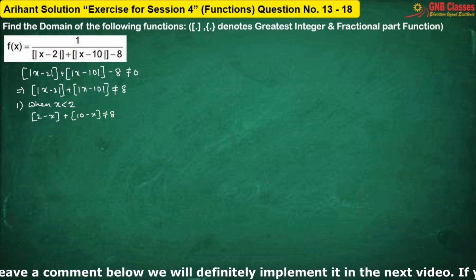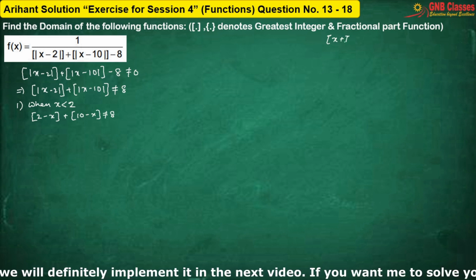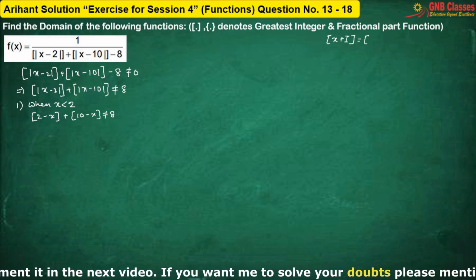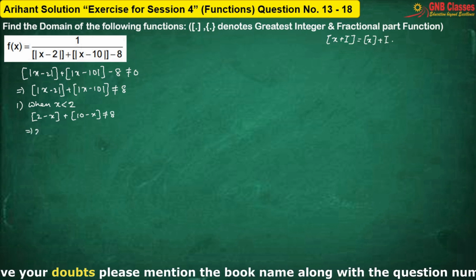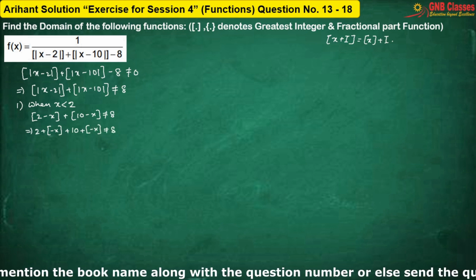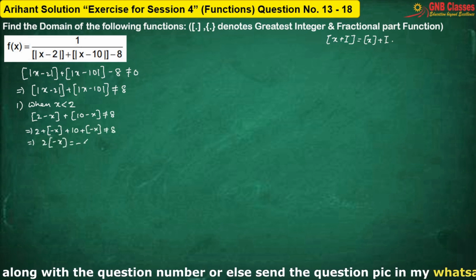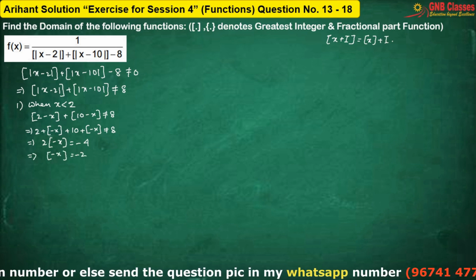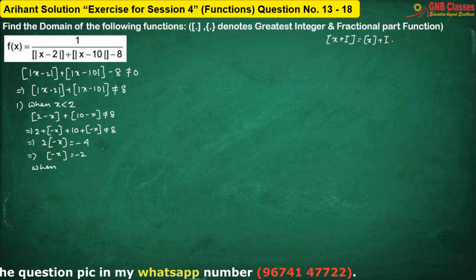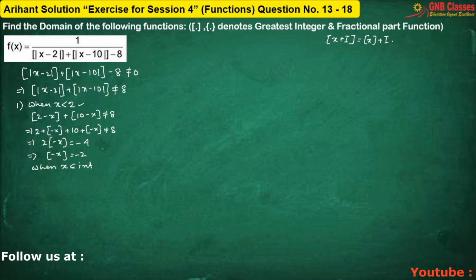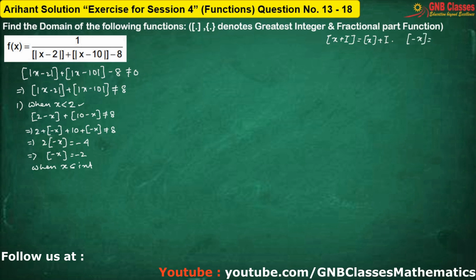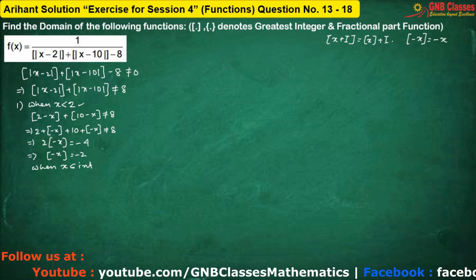Is it clear? Now you observe, we know that box of x plus any integer can always be written as box x plus integer, right? So from here we can write, so we can say, that implies, now when x belongs to an integer but less than 2, we know that when x is an integer, box of minus x can be directly written as minus of x.